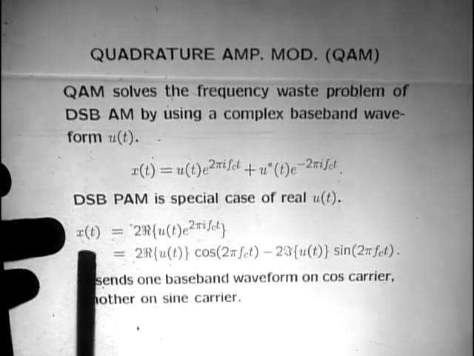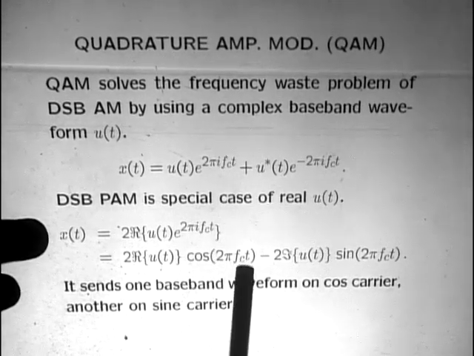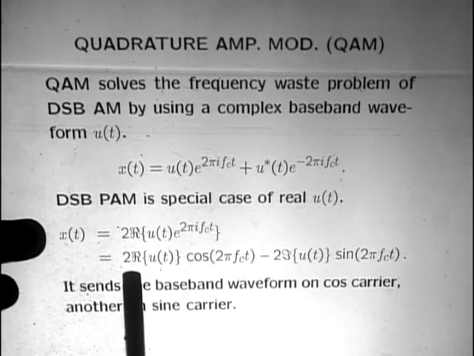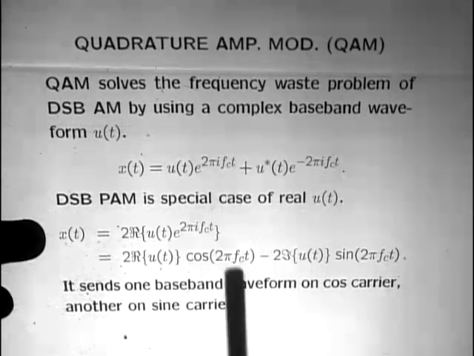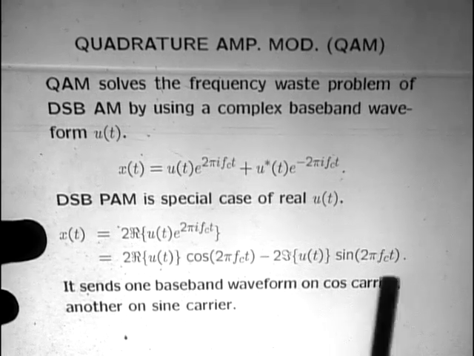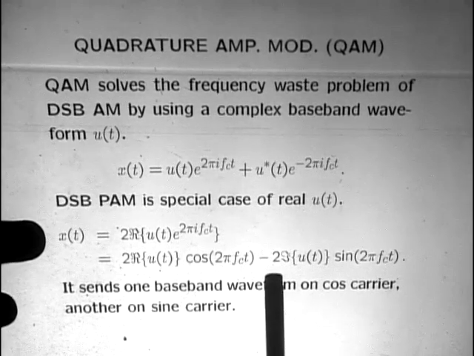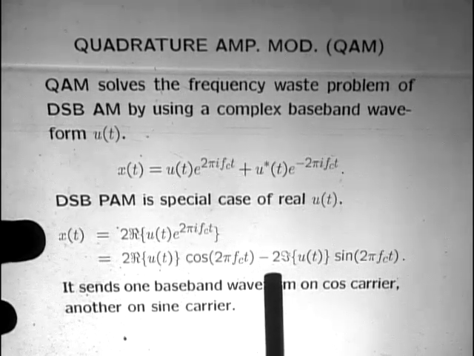You can either say, I want to view x of t as being some real function times a cosine wave and leave out that 2, and some other function, the imaginary part of u of t, times sine, and leave out the 2 there. And many people do that. And would that be better?